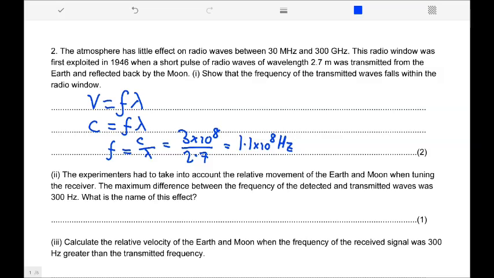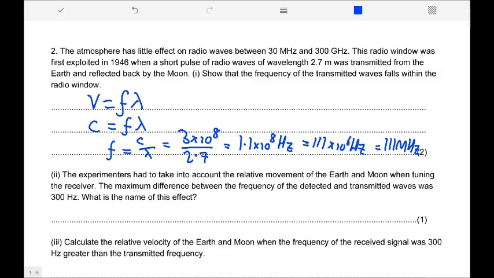So for this we get a frequency of 1.1 times 10 to the 8 hertz. And I could also write this as 111 times 10 to the 6 hertz. And times 10 to the 6 is mega, so this is 111 megahertz, which falls inside the radio window of 30 megahertz to 300 gigahertz given in the question.